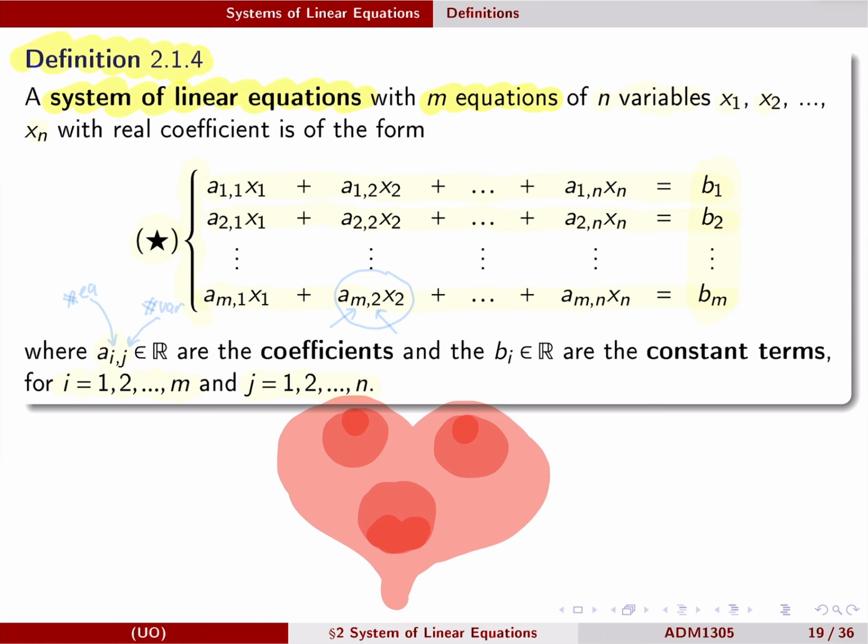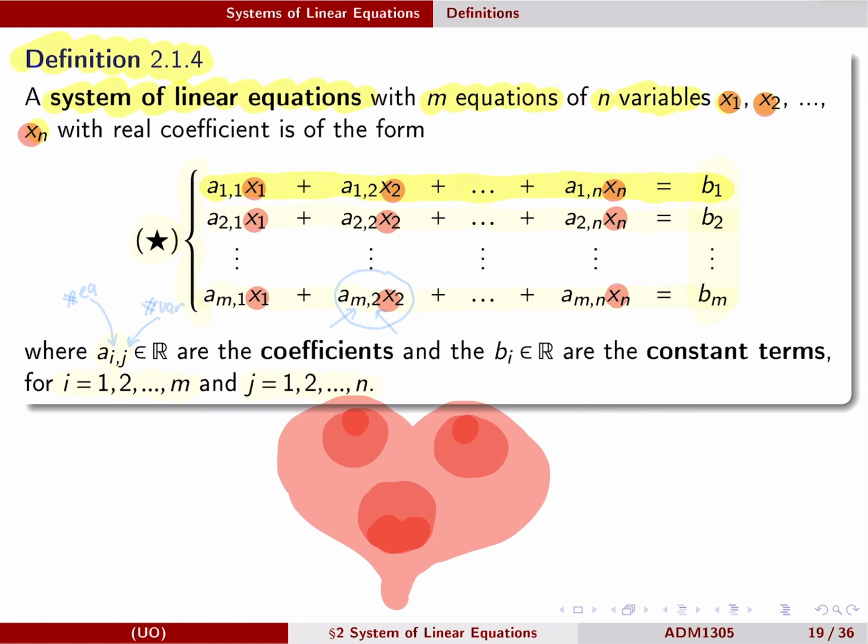So in a system, we still have n variables. Those variables are still labeled x1, x2, all the way up to xn. And then we build our system the following way. The first linear equation is a11x1 plus a12x2 plus etc. a1n xn is equal to b1. So that's my first equation.